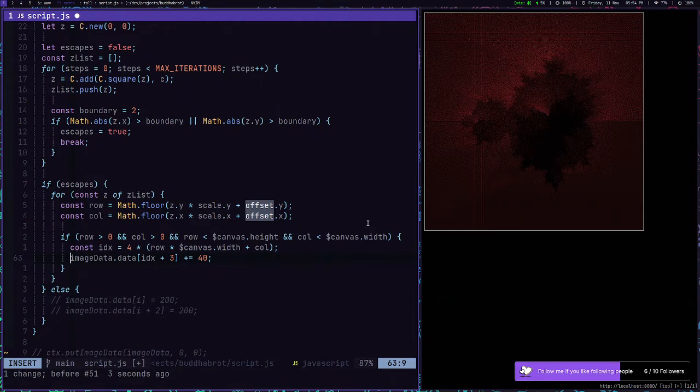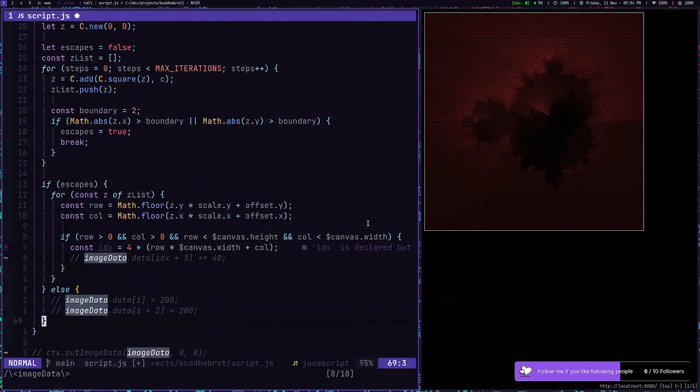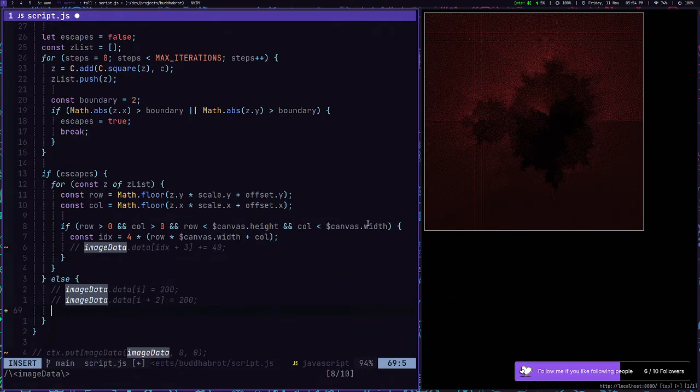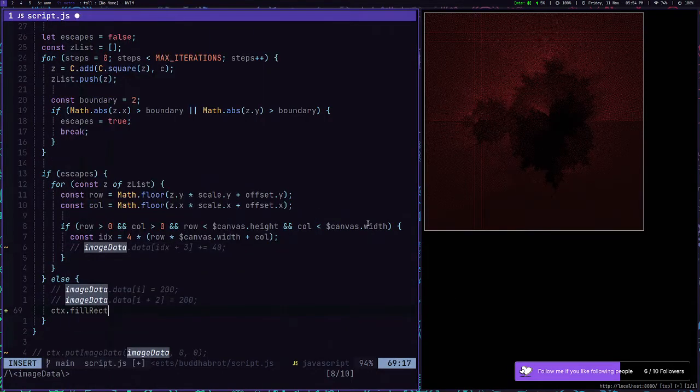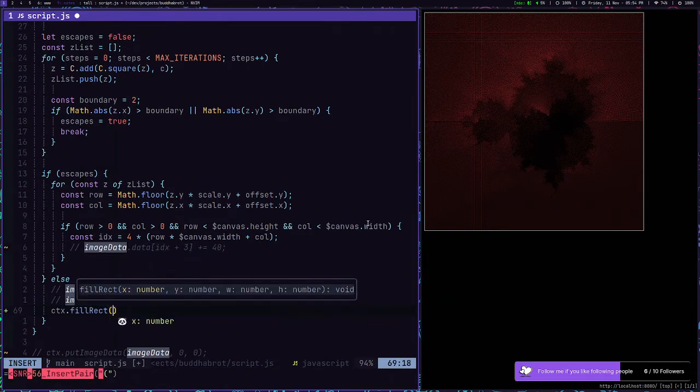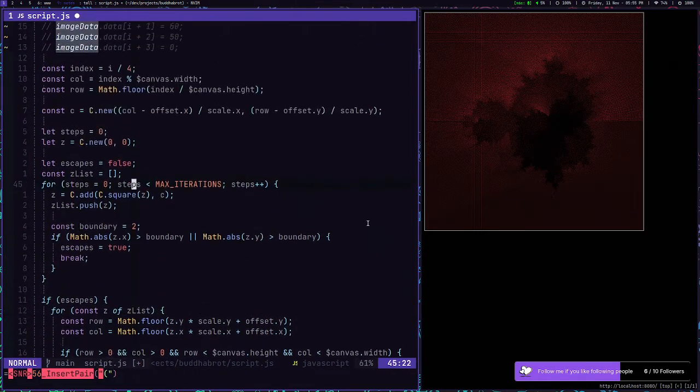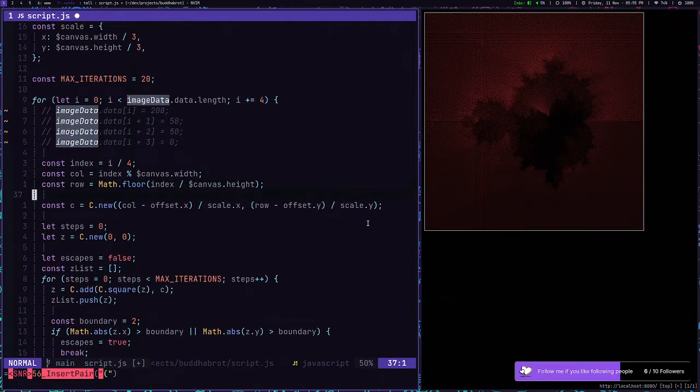Oh, okay. This does pose an issue. How do we layer the opacity on top of each other? Let's comment this out and do it here, right? So we have ctx dot fillRect. We've got x and y, which should be our x and y coordinates, which I've forgotten where we stored.